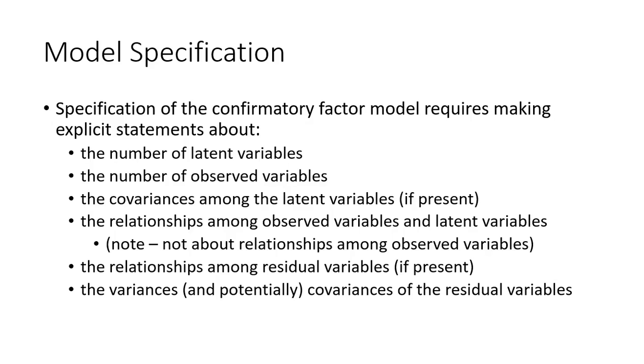You can model covariances among residuals, which is saying that the error terms of the observed variables are themselves related or correlated. It's a pretty subtle thing to specify, and in fact we generally don't want that to be the case. We want the errors in the observed variables, what's left over after the latent variable has accounted for what it can, to be independent of each other. But when that might not be the case, you can certainly model it.